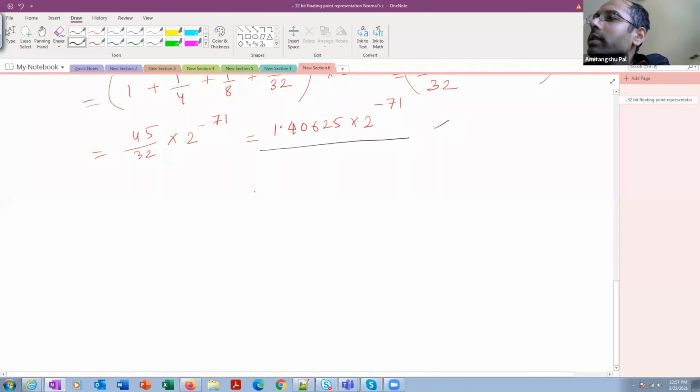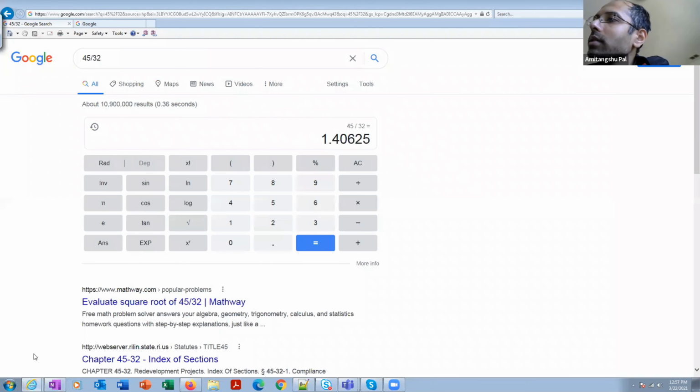So let's convert this to 10 to the power something, because this is in 2 to the power something format. If you want, you can convert it to 10 to the power something format. So let's write this multiplied by 2 to the power -71.